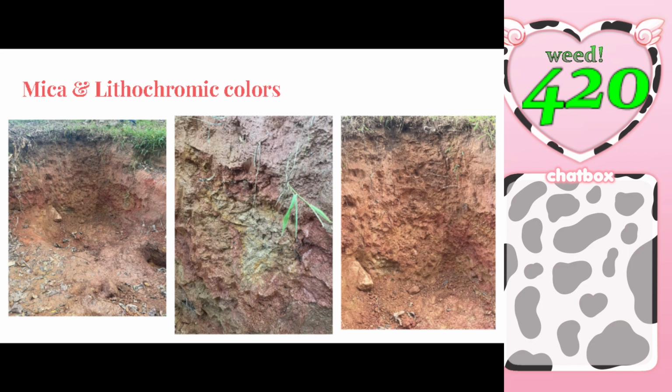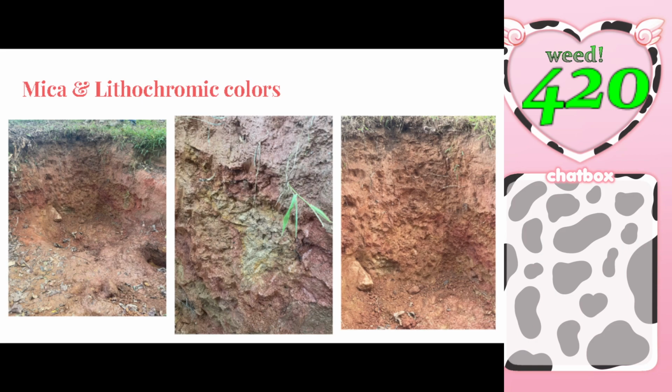That used to be a rock, and from all the water and time it was slowly turned into soil, but it kept its colors. The soil around it is very red, high in mica, and very glittery, so it's easy to see the difference between the natural soil around it and the rock that got stuck here and weathered there. That's just a fun little thing. Lithochromic colors, very interesting stuff.